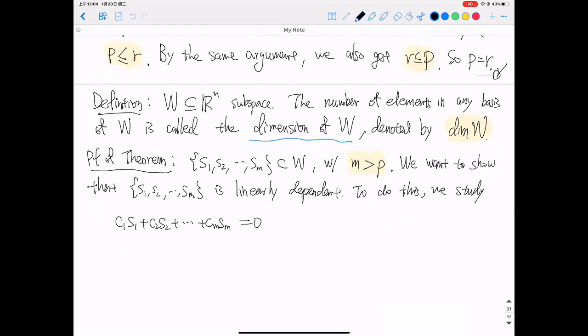And we want to be able to find C1 through Cm not all 0 so that this equation holds.